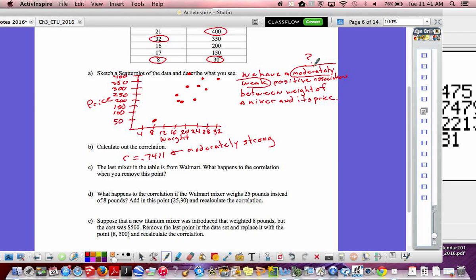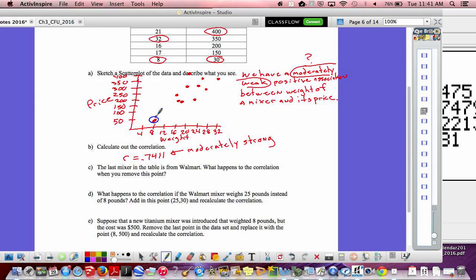Now, do any of these points seem not to belong with all the other mixers? Okay? This bottom one. I'm going to switch colors here for a second. I'm going to look at this one right here. Okay. It says the last mixer in the table is from Walmart.